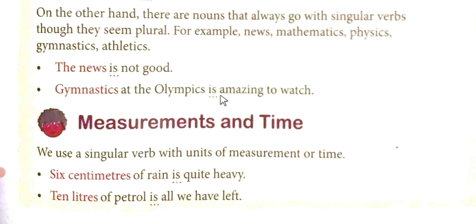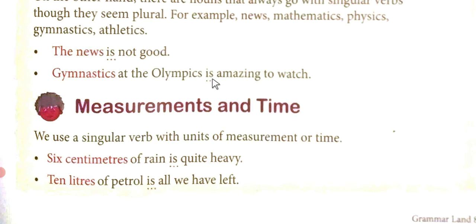Gymnastics at the Olympic is amazing to watch. Gymnastics, there are many types of gymnastics, many types of performances in gymnastics. So here, though it seems to be plural, it is a singular noun, and with the singular noun we use the singular verb that is. Next is measurements and time. We use a singular verb with units of measurement or time.